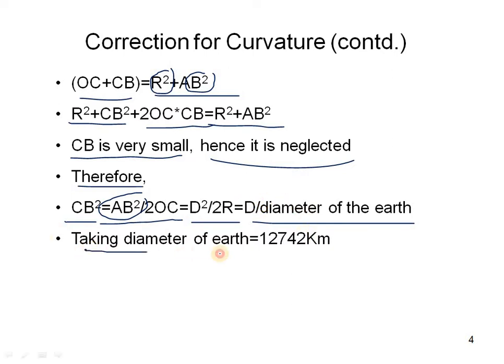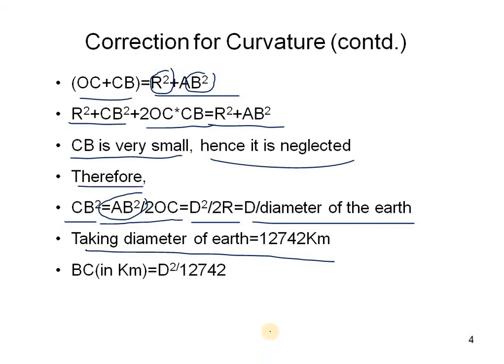So taking diameter of earth is equal to 12742 kilometers. This is a standard diameter value.